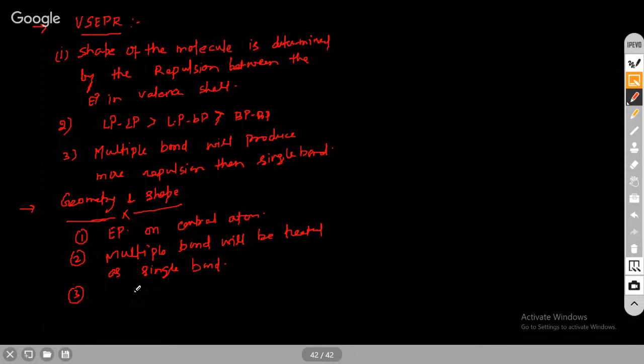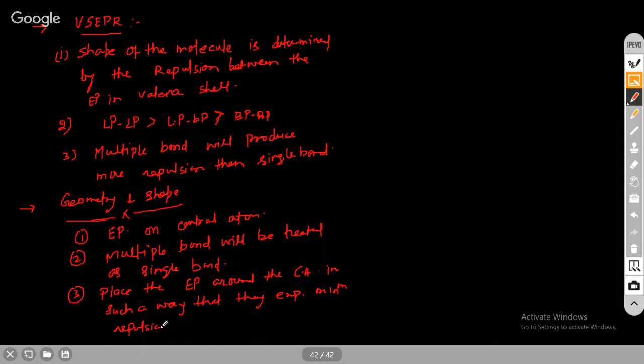Third one, place the electron pairs around the central atom in such a way that they experience minimum repulsion.